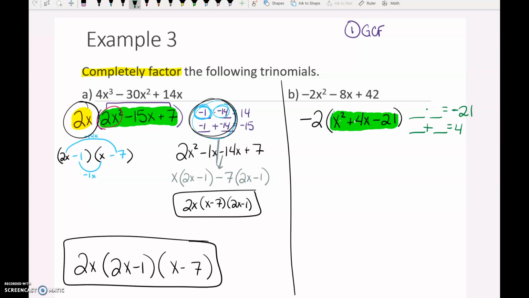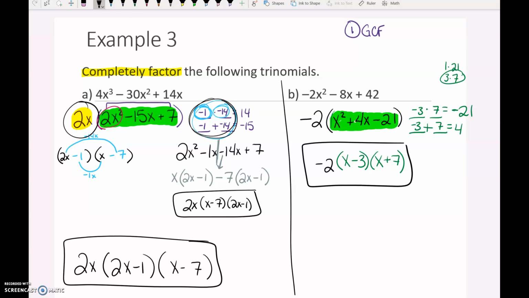That one doesn't pop into my head. 1 times 21 or 3 times 7. Oh, 3 times 7. Negative 3 and positive 7. And because there's a 1 in front of the x squared, we don't have to do factor by grouping or guess and check. We stick x minus 3, x plus 7. Don't forget that we factored out a negative 2 originally.